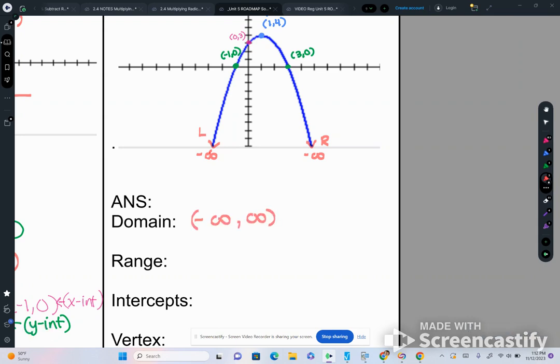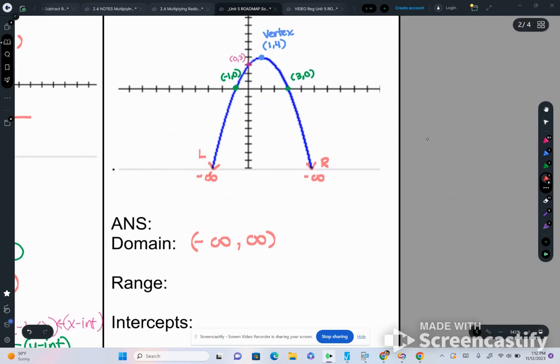When we look at our range, at least for this one, notice that this graph is going down forever, so I'm always going to have a point down here. What happens though is that my y values end. Before, in the example for basic, remember that it was facing the other way.